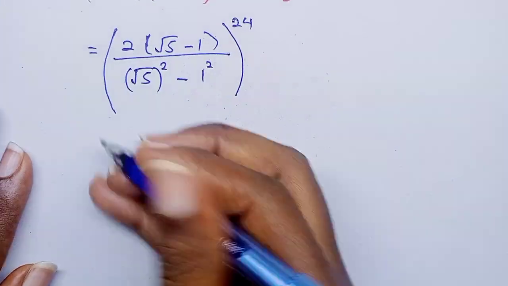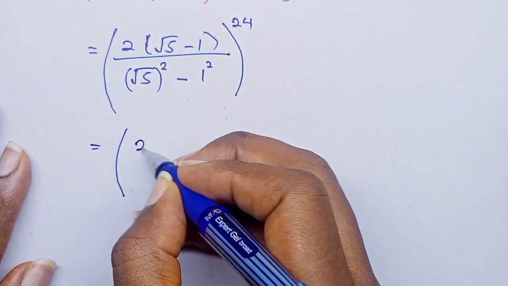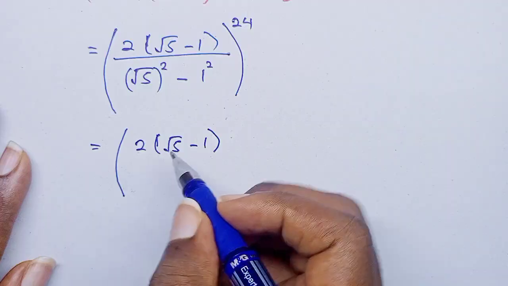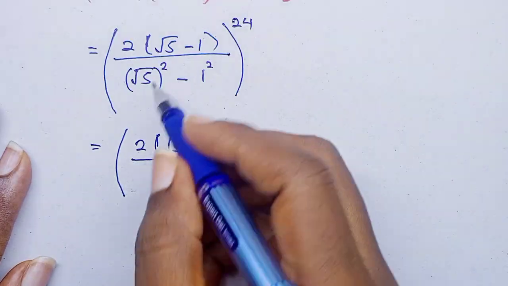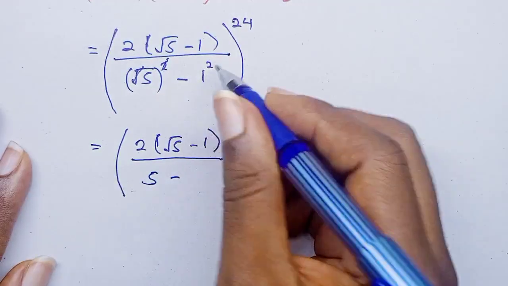Okay. This is then equals to 2 into root of 5 minus 1 over, this cancels with a square root. So we're left with 1. 1 squared is 1.